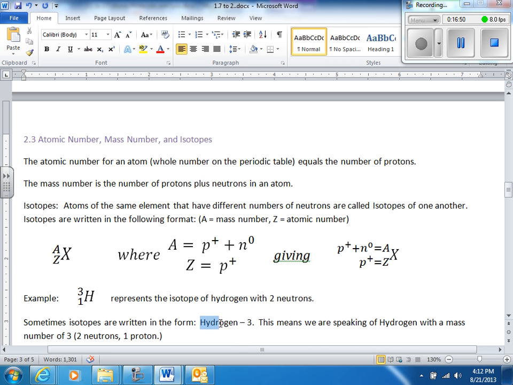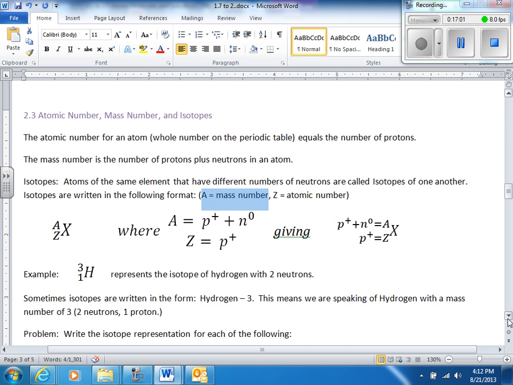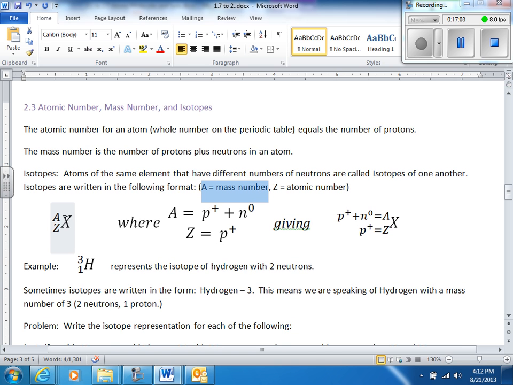When you write this format, the number here is your mass number, A. So you should be able to go from an isotope written like this or like this to tell me what the element is, how many protons there are, and how many neutrons there are. Given the element, that tells you Z. If you're given the mass number, then you can calculate how many neutrons there are.